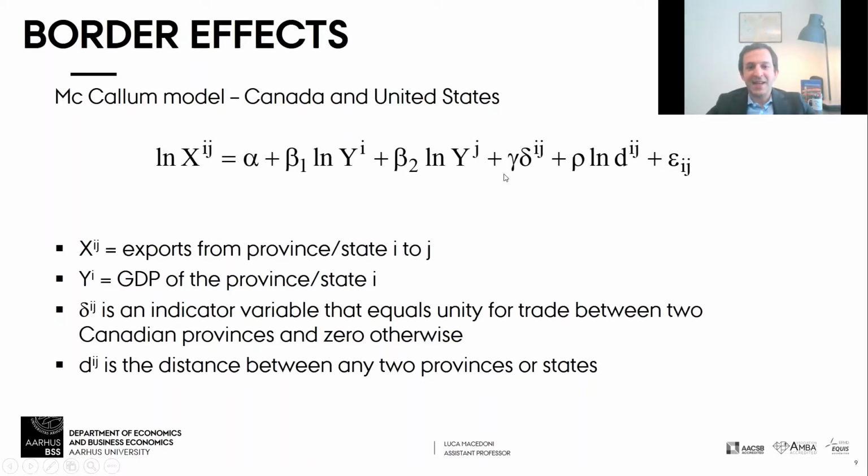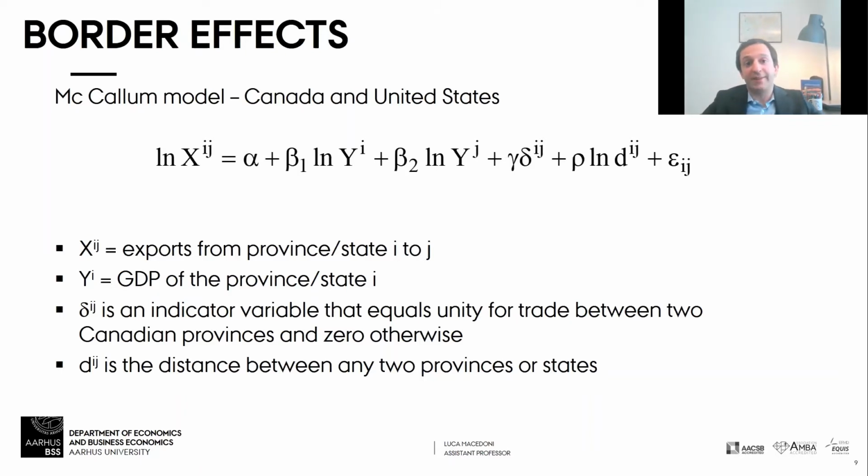If instead gamma is negative, well, that means that when delta is 1, so we're looking at the trade flows between two Canadian provinces, there is less trade flows between them, controlling for size and for distance, relative to the trade flows between a Canadian province and a US state, given the same GDP, given the same distance.